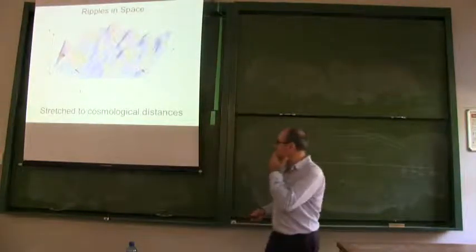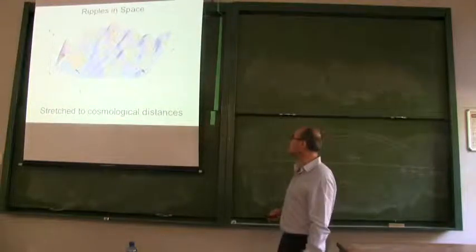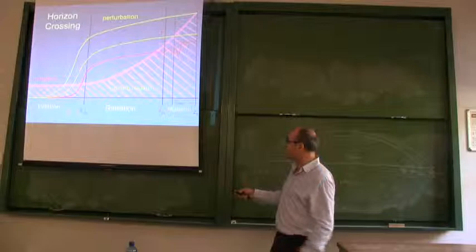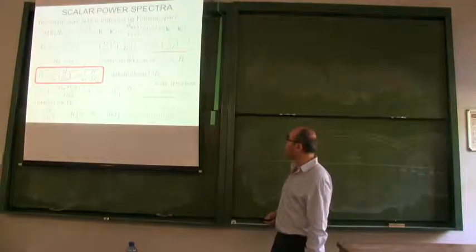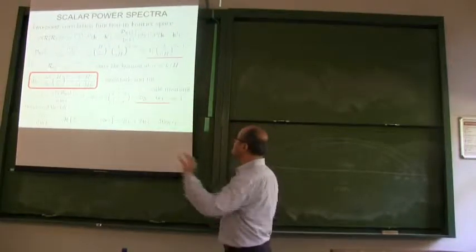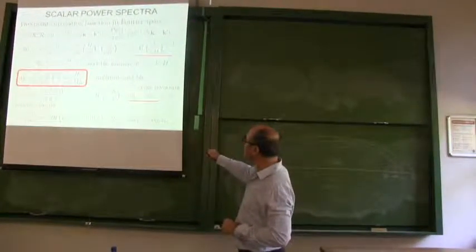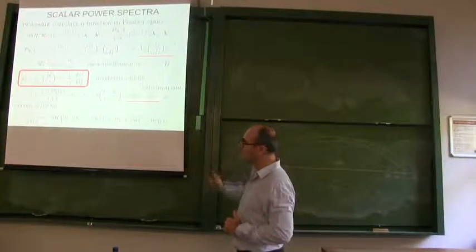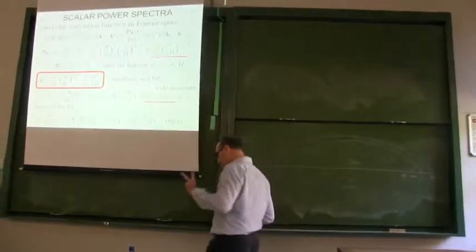Okay, we've discussed this. Fluctuations are stretched to cosmological distances by inflation. They left the horizon and re-entered later. Now, remember that we could work out exact solutions for the scalar and the tensor components, but we can then ask, within these exact solutions, what is the two-point correlation function? And we can treat this two ways.